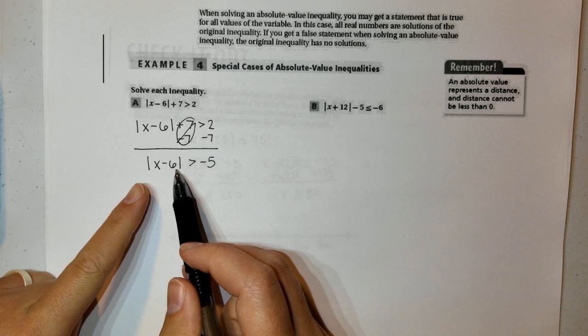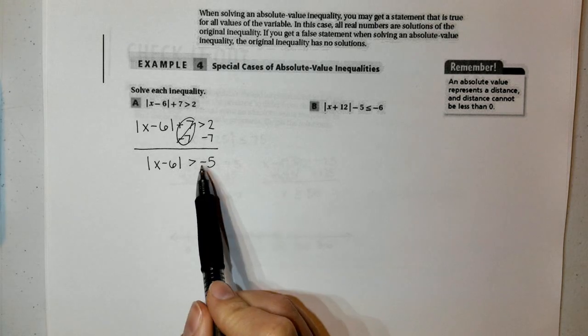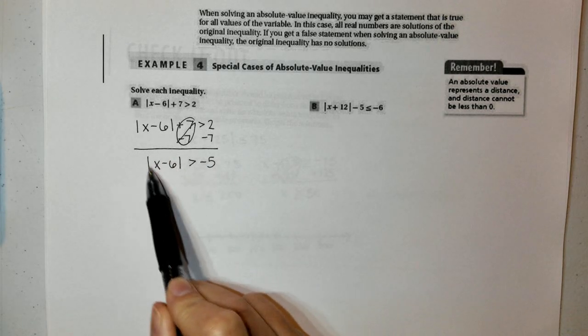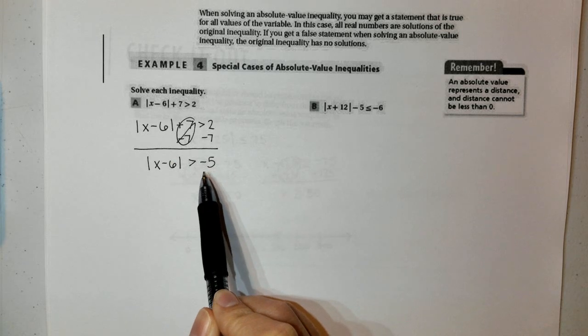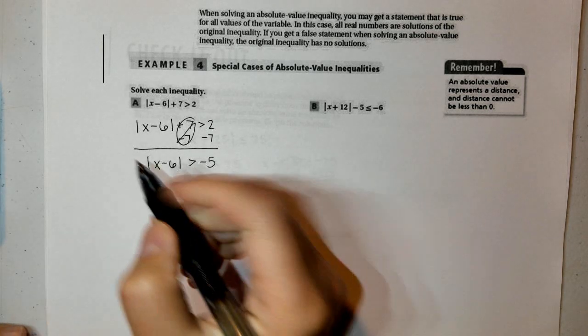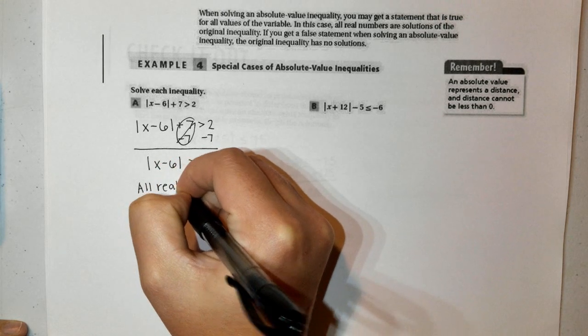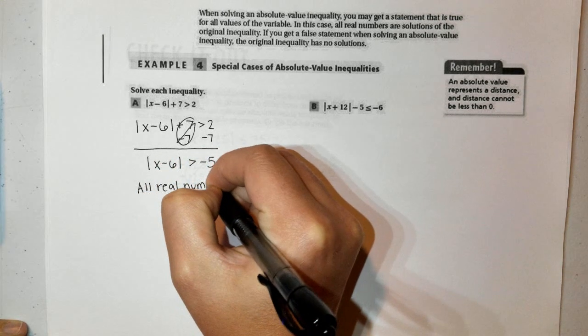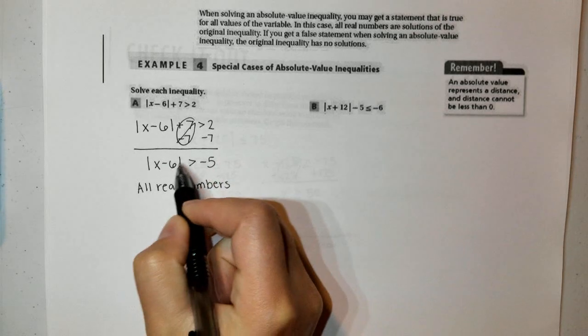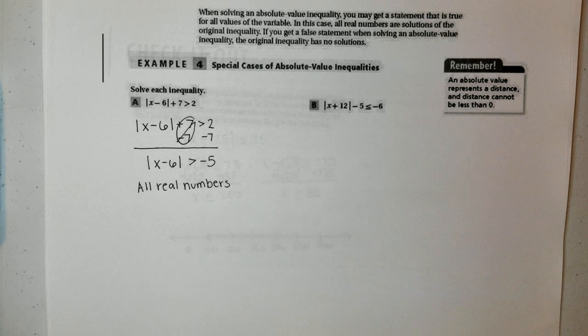When we take the absolute value of anything, the distance from 0 is always positive. So that means any number I put in for x there will always be greater than a negative number. So in this situation, all real numbers are solutions. So if you get your absolute value term to be greater than a negative number, that means you're going to have all real numbers for your solution.